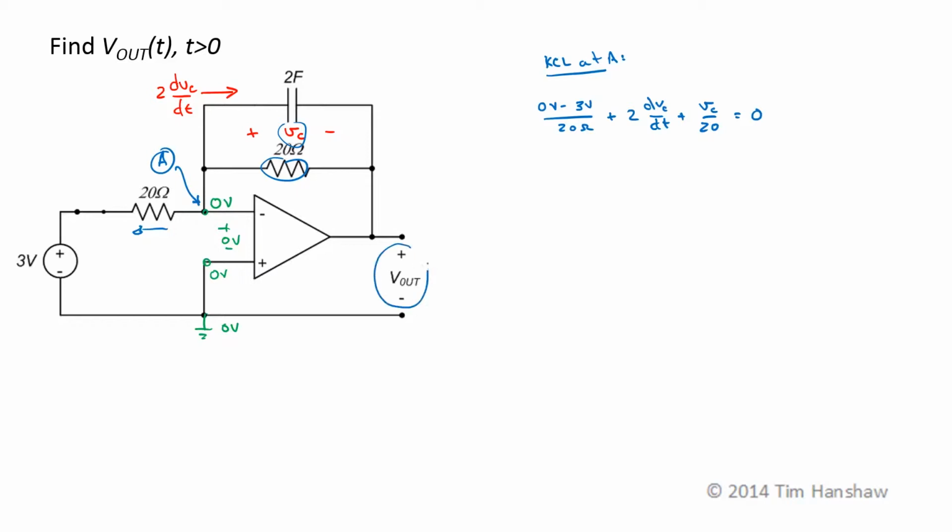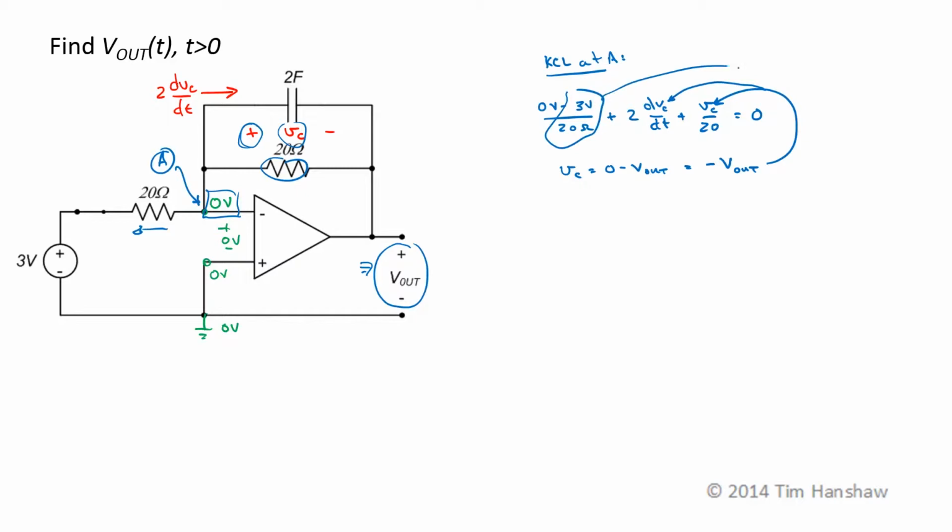Now we've got one equation and one unknown, which we can solve for V sub C, but what we really need is V out. So let's write V sub C in terms of V out. V sub C is the difference between 0 volts here and V out, with the 0 volts being the assumed higher voltage terminal. So V sub C is just equal to 0 minus V out. So V sub C is just the negative of V out. I can plug that in here and I can plug it in there.